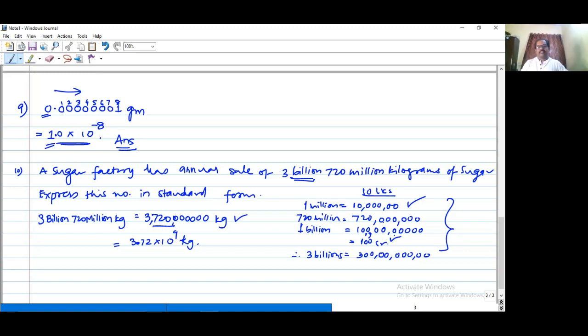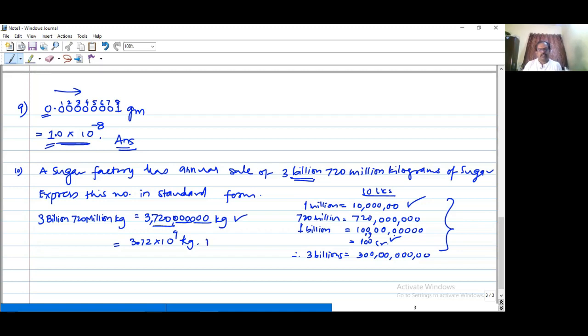After 720 we have 6 zeros: 1, 2, 3, then 4, 5, 6. This 3,720,000,000 kg is equal to this much. You can check the number of zeros: in 720 million, after 72 we have 7 zeros, 1, 2, 3, 4, 5, 6, 7. That's right. This is the number of kgs of sugar that the sugar factory sells in a year.